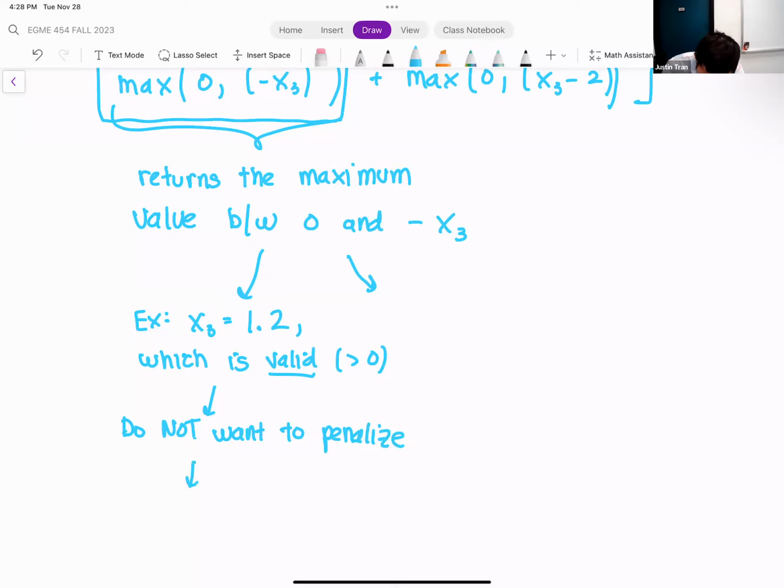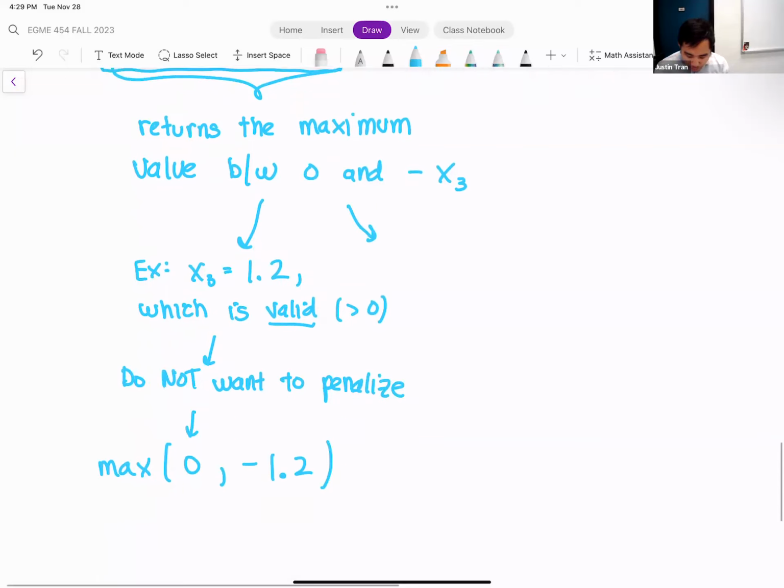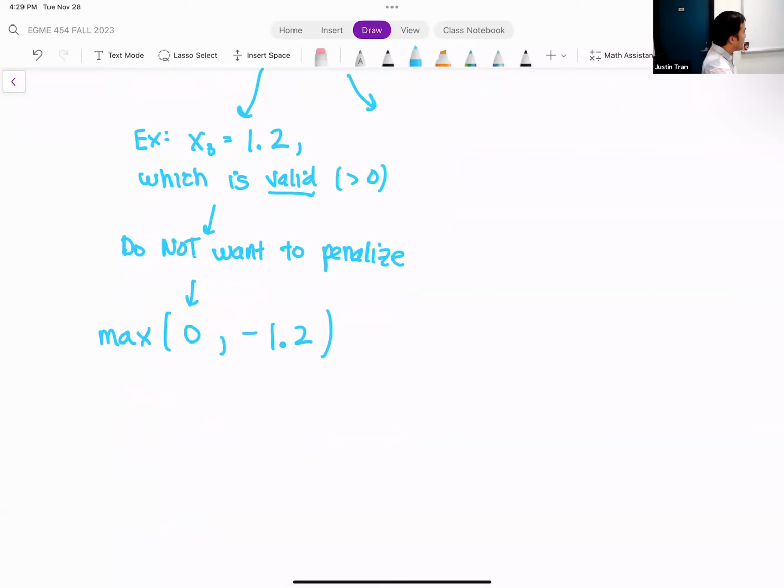Let's compute max of 0, comma, negative x3, so we have minus 1.2. Since our value of x3 is a positive 1.2, taking the negative gives negative 1.2. Between 0 and minus 1.2, which one is greater? In this case, 0 is greater, because 0 is not a negative number. Based on that, this function is going to return 0.